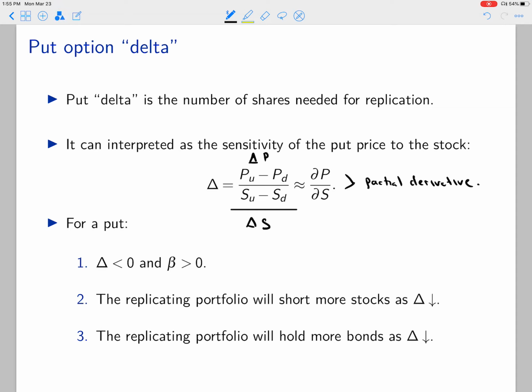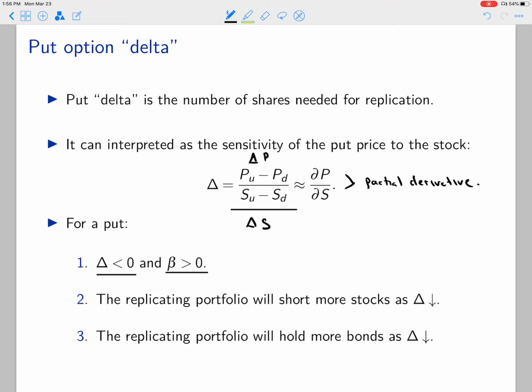For a put option, the delta is negative. This means as the stock price increases, puts become less valuable, for an already struck put. And this is because it becomes more and more out of the money. As the stock price goes up, you hold the strike fixed, and the put is less valuable than it was just a second ago. It also means we need to short shares to replicate the payoff of the put, and we need to long bonds.